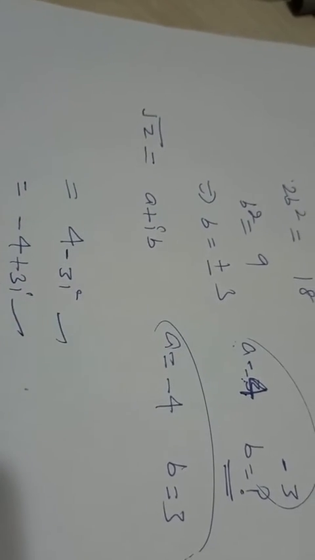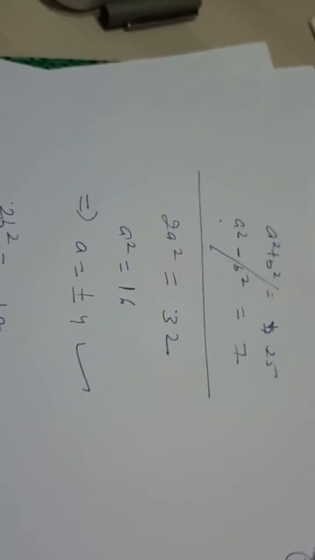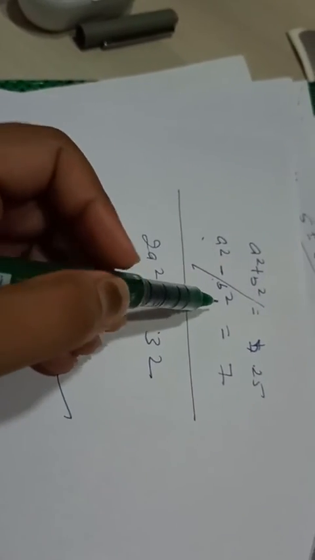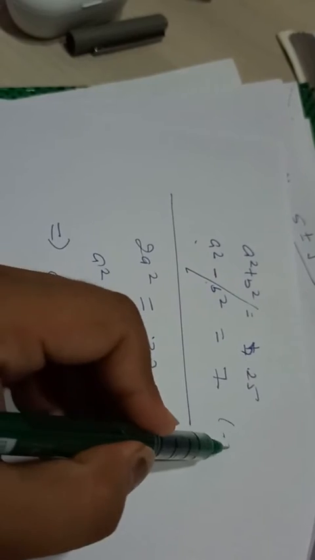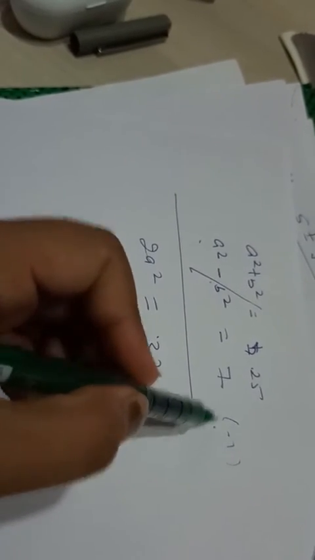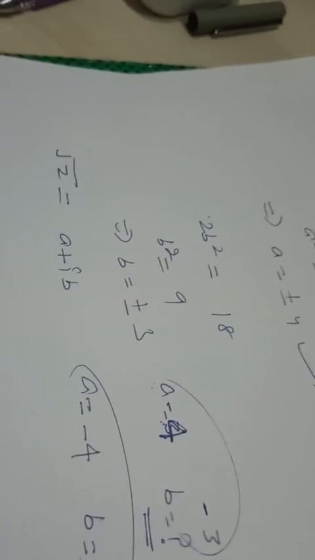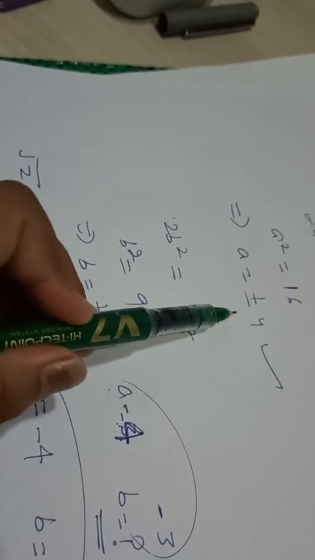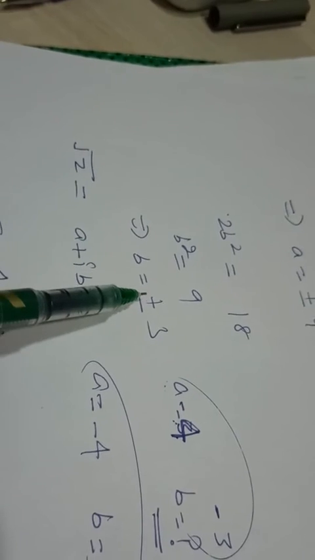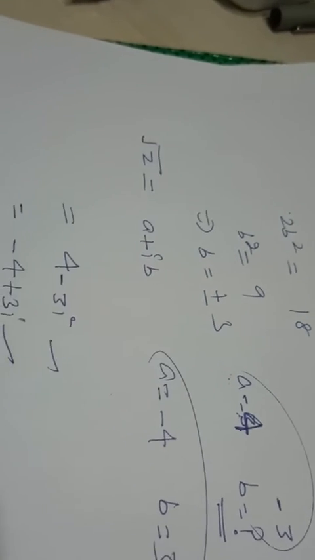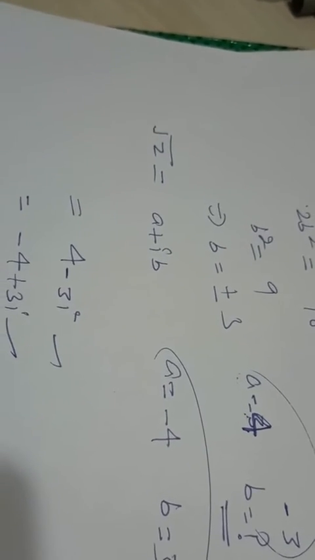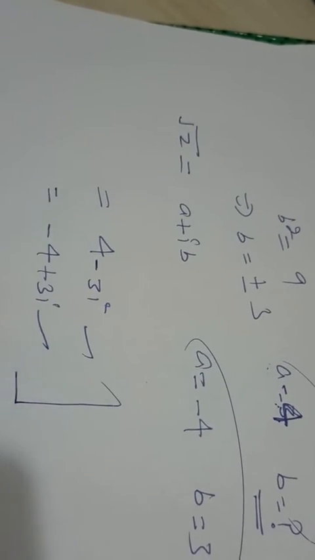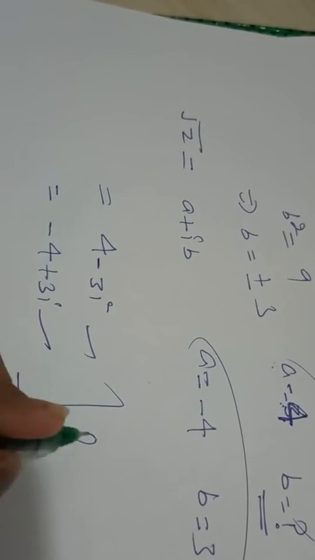So these are the two possible answers. And now I realize that I made a mistake here. a square minus b square was minus 7. So if you take minus 7 here and correct it, the answer will vary, because here the value of a will be plus minus 3 and the value of b will be plus minus 4. So my point is to make you understand how to solve. So I think it's clear now.